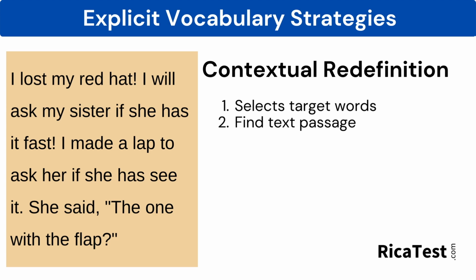Then, the teacher finds or creates a text passage which includes the target words. Note here that these two first steps are completed in preparation and not while the teacher is with the students.